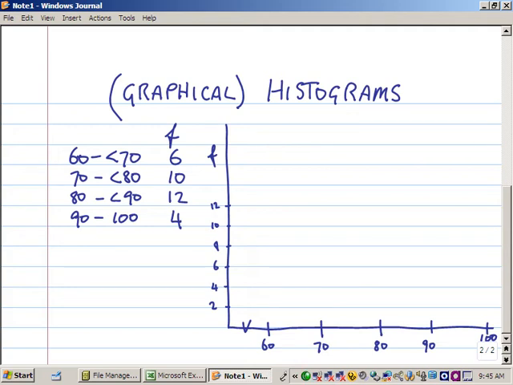Alright, so 60 to 70, we have a frequency of 6. Alright, so we have 6 items in here. 70 through 80, we have 10. Ten items. 80 through 90, I have 12.